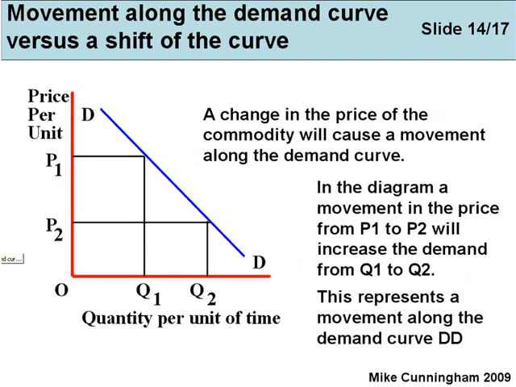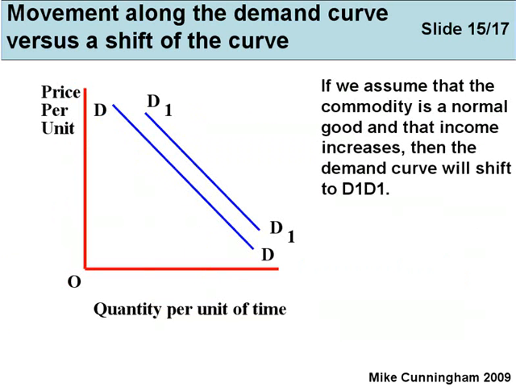Now let's consider a shift of the curve. If we assume that the commodity is a normal good and that income increases, then the demand curve will shift to D1. What do I mean by normal good? Well, a normal good is one where as income increases, the demand increases. There is a video on that in this series, so have a look at the video on income demand.